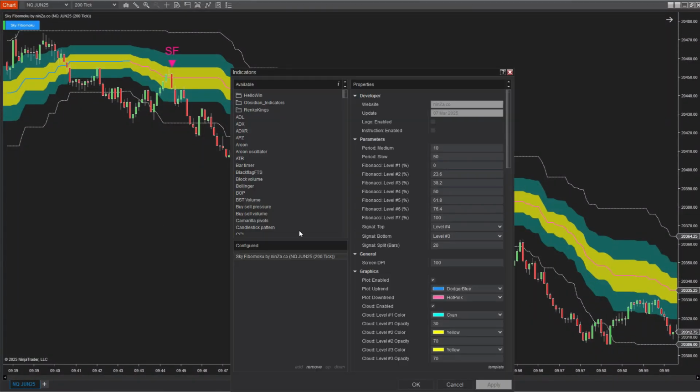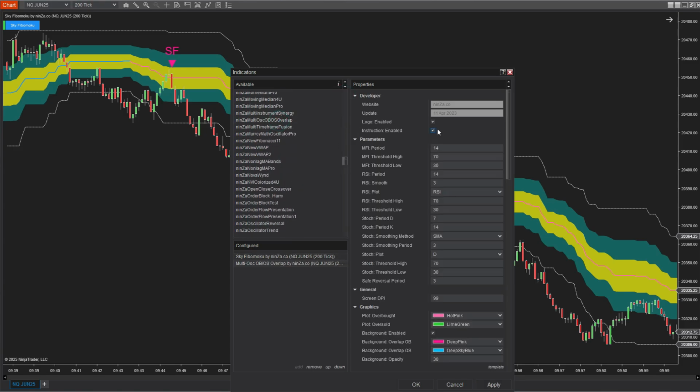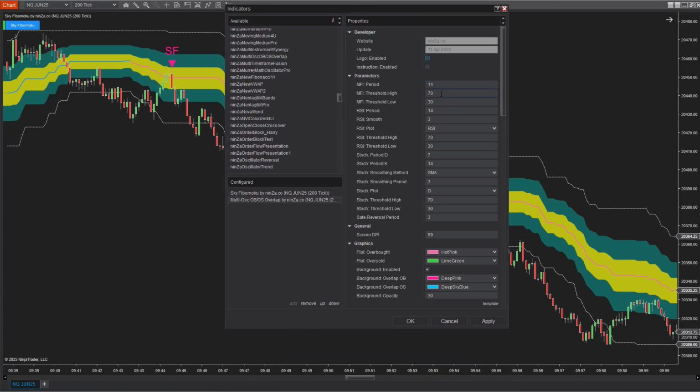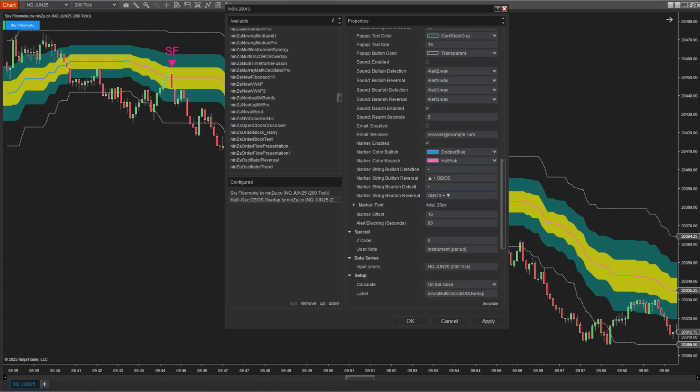Next, while this indicator provides strong trend analysis and key trading zones, the number of trade signals might still be too limited, especially for scalpers who need more frequent opportunities. To address this, we'll introduce a 3-in-1 indicator, multi-OSC OB-OS overlap, which combines three powerful oscillators: RSI, MFI, and stochastic.